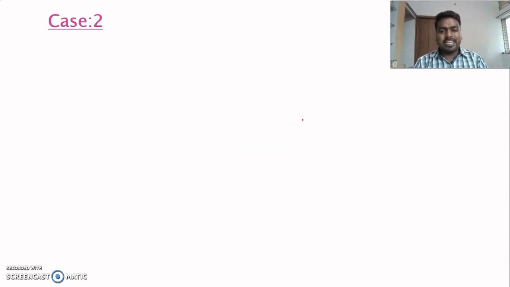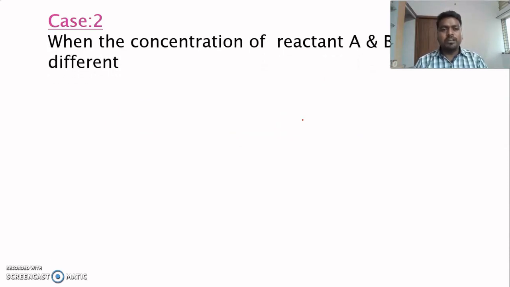Now see the second case, in which the concentrations of A and B are different, that is, the initial concentrations. For example, the initial concentration of A is 0.1 molar and B is 0.5 molar. So the initial concentrations are different.